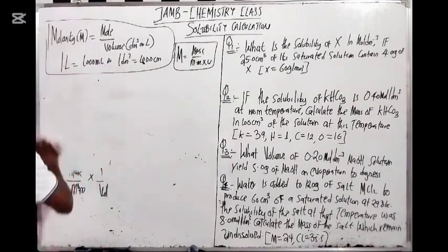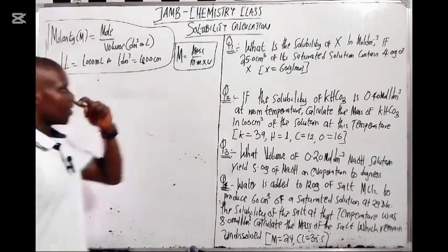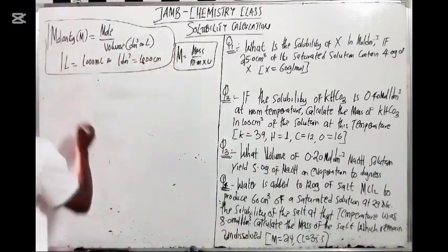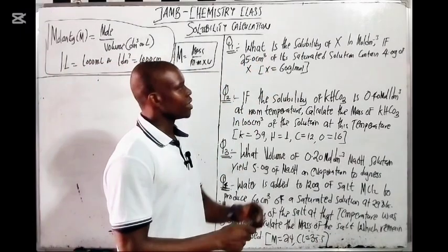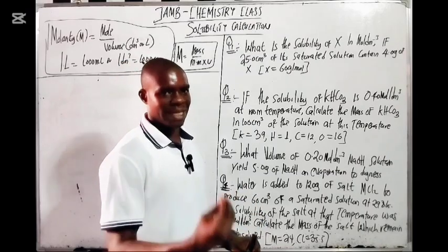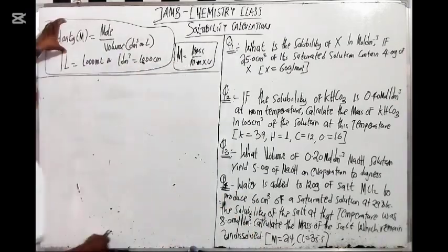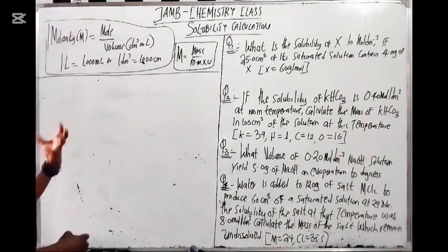So this way we are now going to look at these 4 calculations. Let's look at the first one: what is the solubility of X in mole per dm³? Now remember, the unit of molarity is mole per dm³.